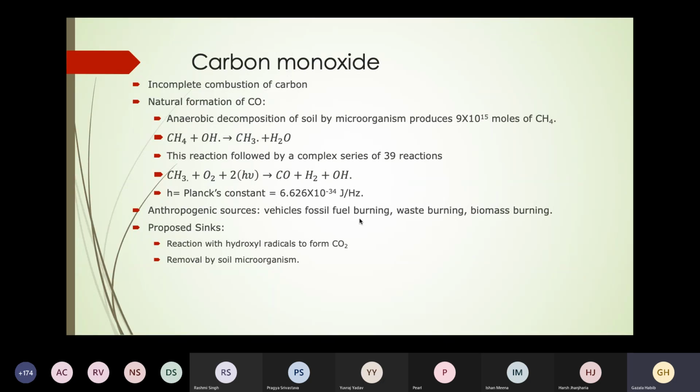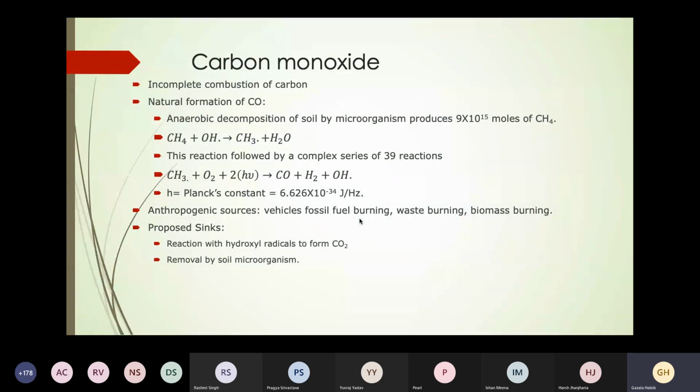Among anthropogenic sources, carbon monoxide is one of the tracers of any kind of combustion, because among anthropogenic activity, it can only come from burning of some fuel.